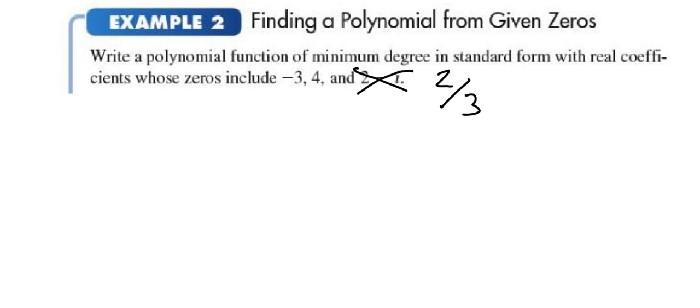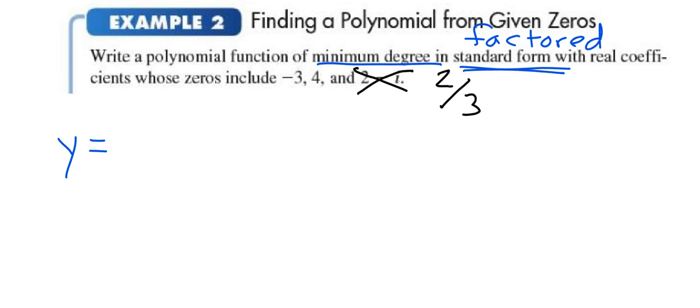Write a polynomial function, all right, that good old y equals thing, of minimum degree in standard form. We'll start with factored form first, so that's where we'll begin, and then we'll change to standard form. Real coefficients, okay?